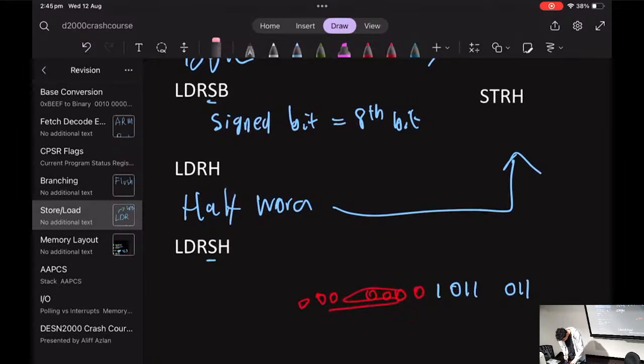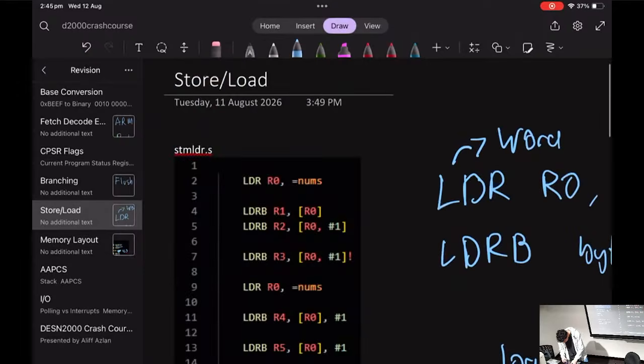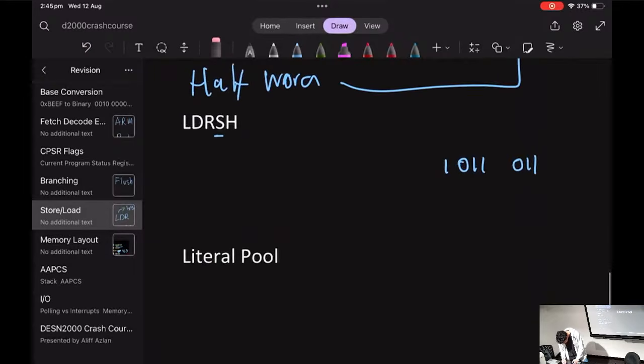Now, if we use LDRS, it looks at this bit and then it copies it and pads it with the sign of that bit. So in this case, it would fill up with a bunch of ones, and that would be the 2's complement version of that negative number in a word compared to a byte.